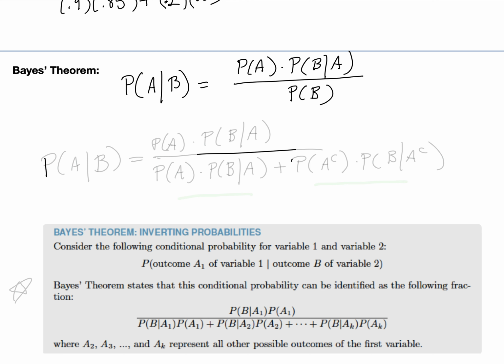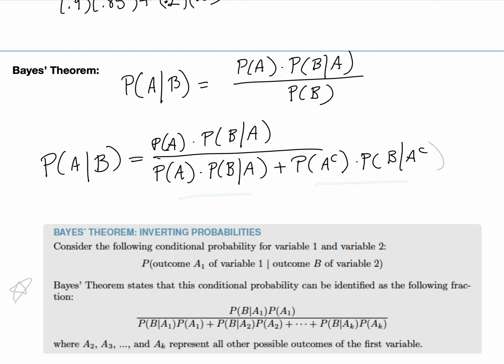Another way that people write Bayes' theorem is to expand that out a little bit more and to say that the probability of A given B is equal to the probability of A times the probability of B given A divided by, in the special case that we're just talking about, A occurring or A not occurring, the probability of A times the probability of B given A plus the probability of A complement times the probability of B given A complement.